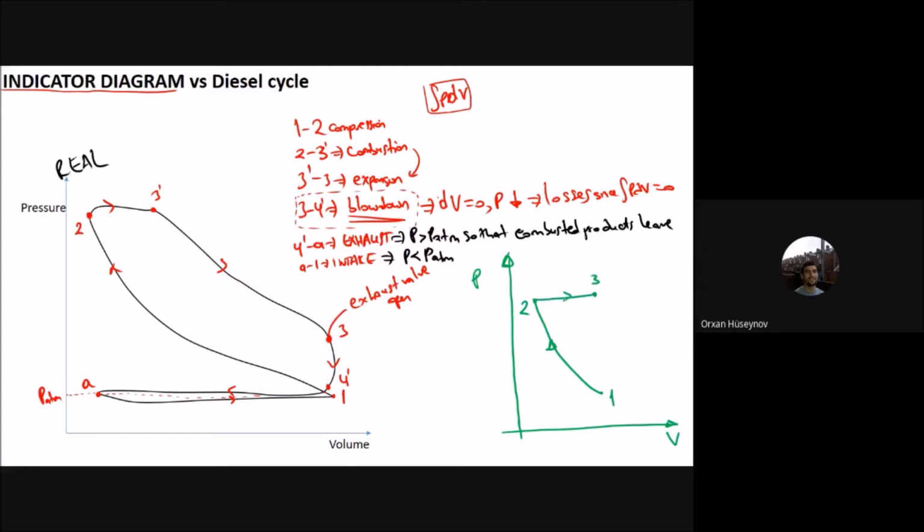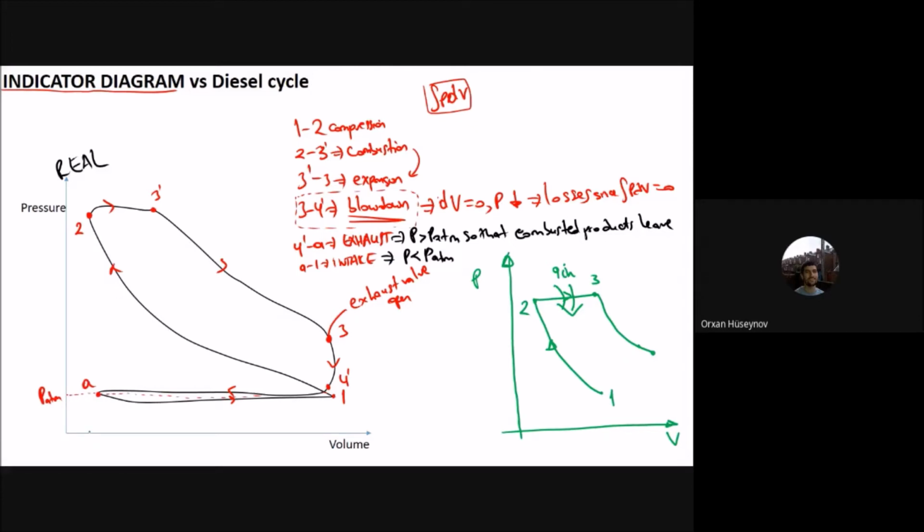This one will be that. Now, in this process, we are saying that instead of combustion, you have the Q_in. And from 3 to 4, you will have the expansion process.